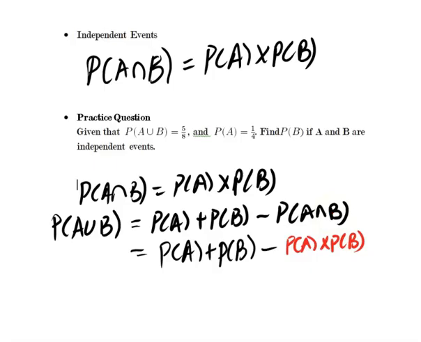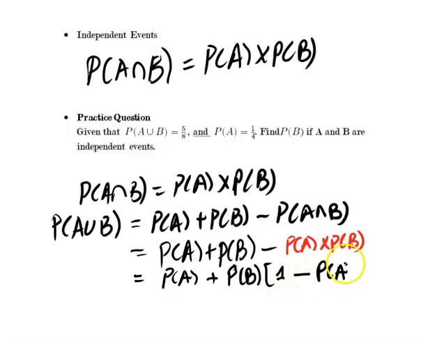We're asked to find probability of B. From here, we have probability of A. Probability of B is common, probability of B on both sides. We factorize the probability of B. When we factorize the probability of B, what do we have left? We have probability of B factorized, and 1 minus probability of A.